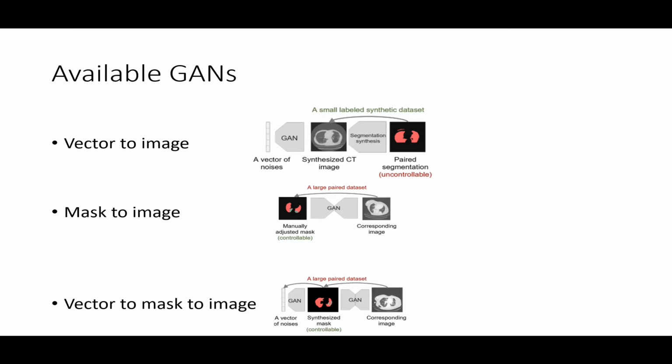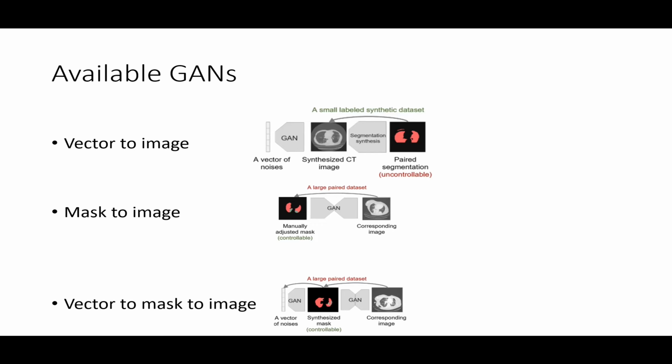Otherwise, we can just use one mask and then create the corresponding CT scan, or we can combine and pass in just a random vector, and through generative models it will give us that segmentation. And using another generative model, we can have the CT scan that corresponds to the mask. While those methods exist, they're not the best performing, and so we'll come back to that.